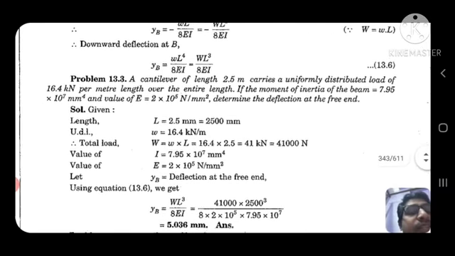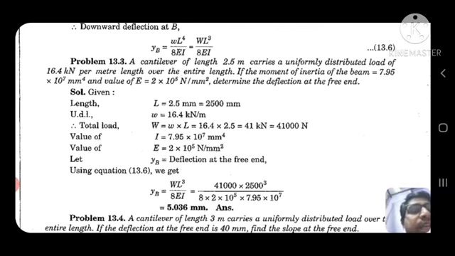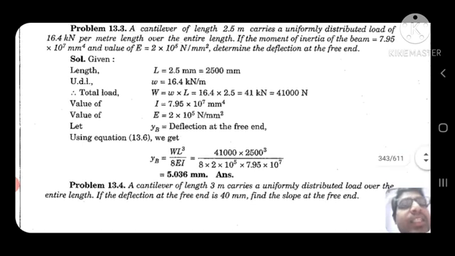A cantilever beam of length 2.5 m carries a uniformly distributed load of 16.4 kN per meter length over the entire length. The moment of inertia of the beam is 7.95 into 10 to the power 7 mm to the power 4. Length L equal to 2.5 m equal to 2500 mm. w is equal to 16.4 kN per meter.